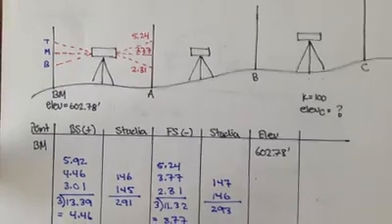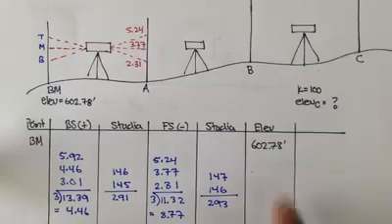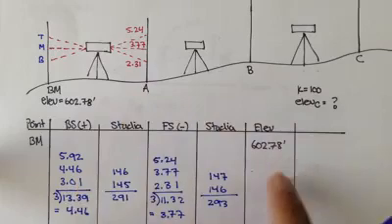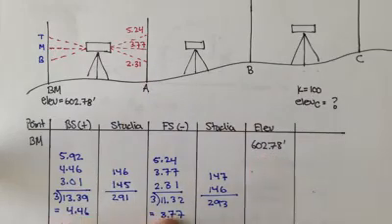Now, remember from differential leveling, what you do to find the elevation of A: you take the previous elevation, you add the backsight and you subtract the foresight.